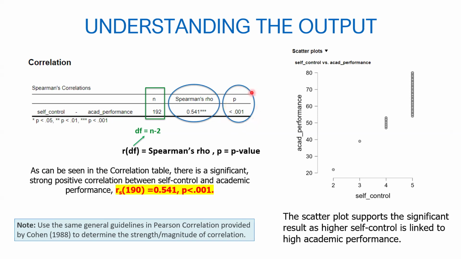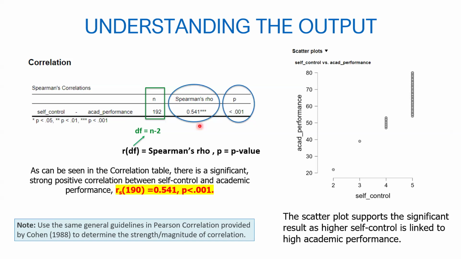Rejecting our null hypothesis would lead us to conclude that there is a significant correlation between the two variables. Hence, we refer to our Spearman's rho. The Spearman's rho value is 0.541, and that is greater than 0.5, which indicates that the magnitude of the correlation is strong.